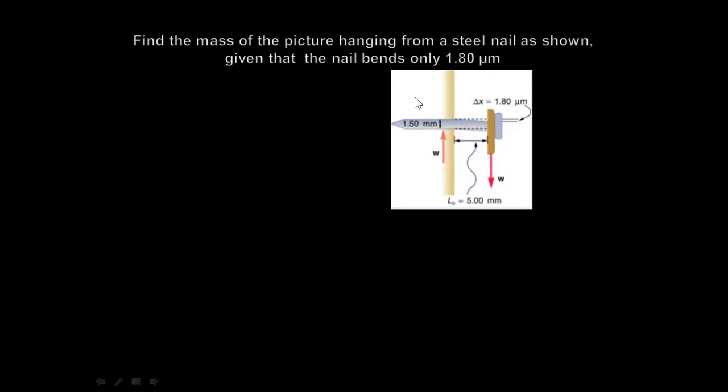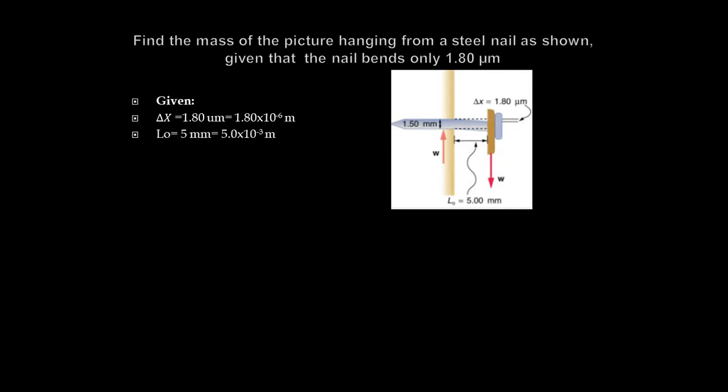As you can see on the diagram, we are given the following. We have delta x, or the shear deformation, or change in the conformation of the nail from the original to the bent conformation, at delta x equal to 1.8 micrometer. Converting that to meters, it is equal to 1.8 times 10 raised to negative 6 meters.